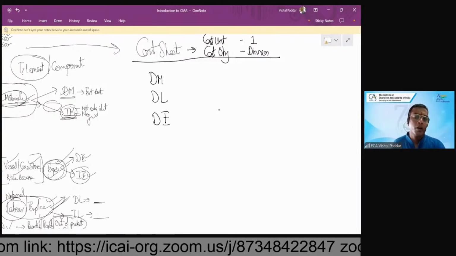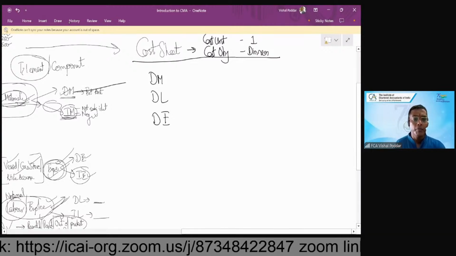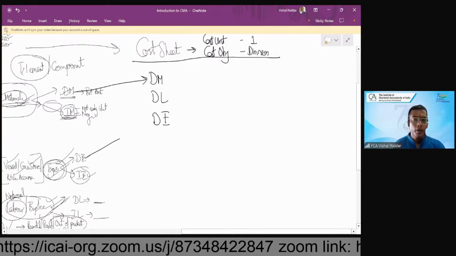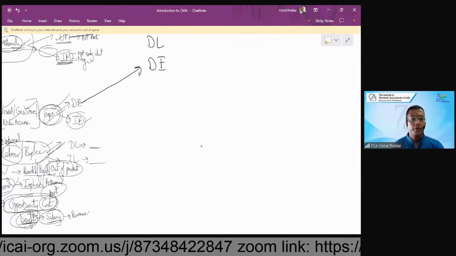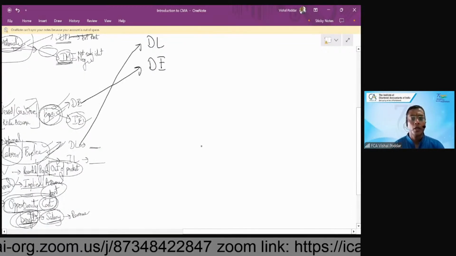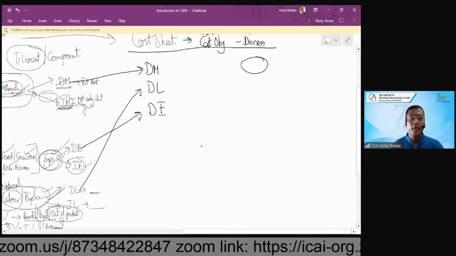The technical format of cost sheet is, out of these components, now we rearrange them. So direct material, direct expense, and direct labor, I put it together. So all my direct materials, I'll take it at one place.